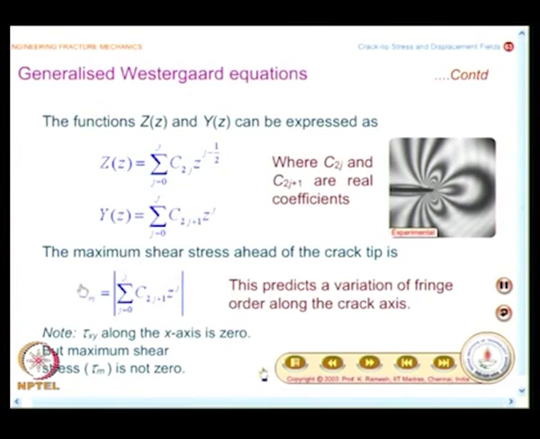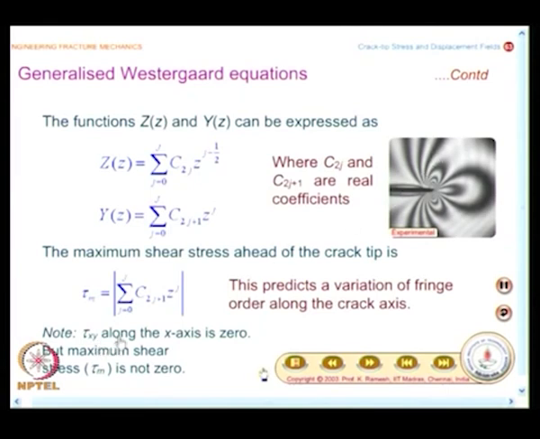And when you have an expression like this, this predicts a variation of fringe order along the crack axis. In fact, in a class later, I would show how taking a multi-parameter solution can capture all the fringe features of the experimentally obtained patterns.